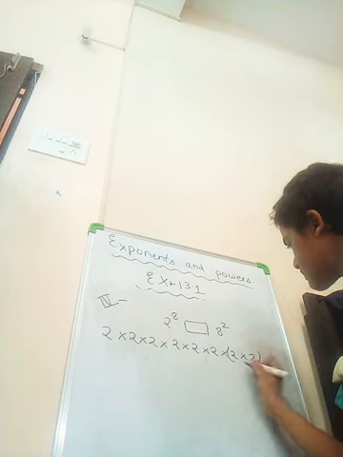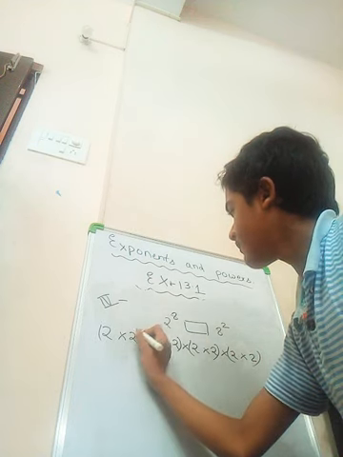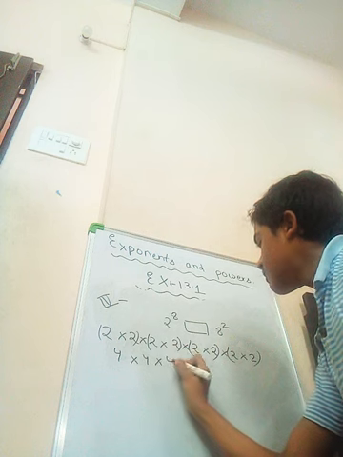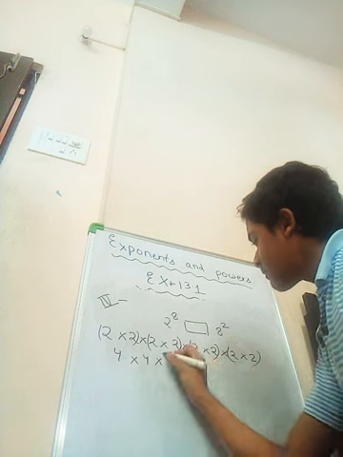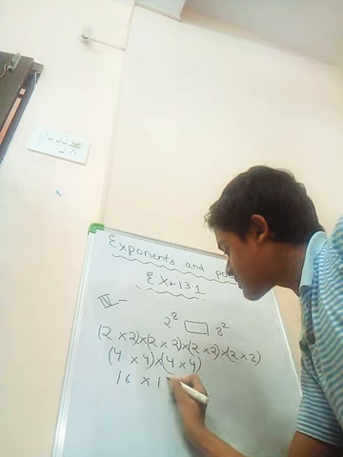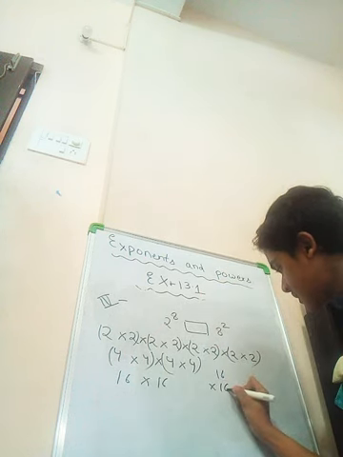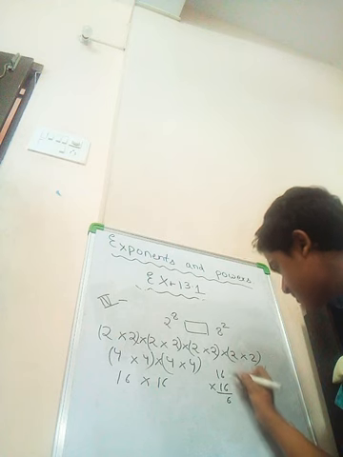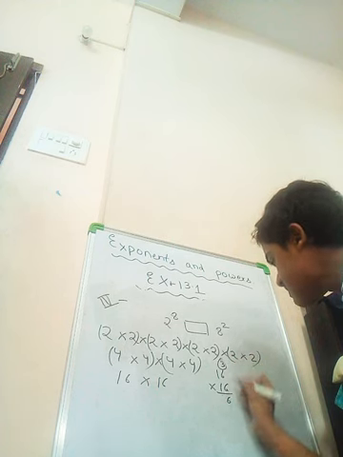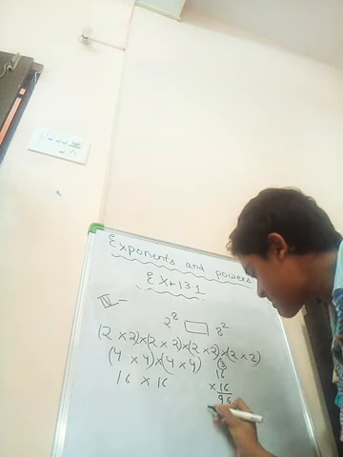So 2 2s are 4, we have to keep brackets: 4 into 4 into 4 into 4. 4 4s are 16, 4 4s are 16. So 16 into 16, which gives you, let's multiply by 16. 6 6s are 36, 3 carry over. 6 1s are 6, plus 3 is 9. 1 6 is 6, 1 1 is 1.